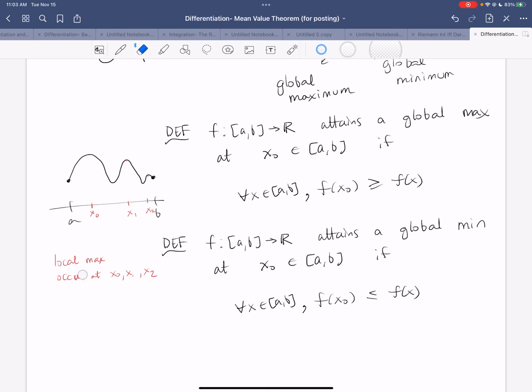And then the local min is attained at, well, that's a local min, so it could be t naught, that's a local min, t1, that's a local min, t2, and that's a local min, t3, right?